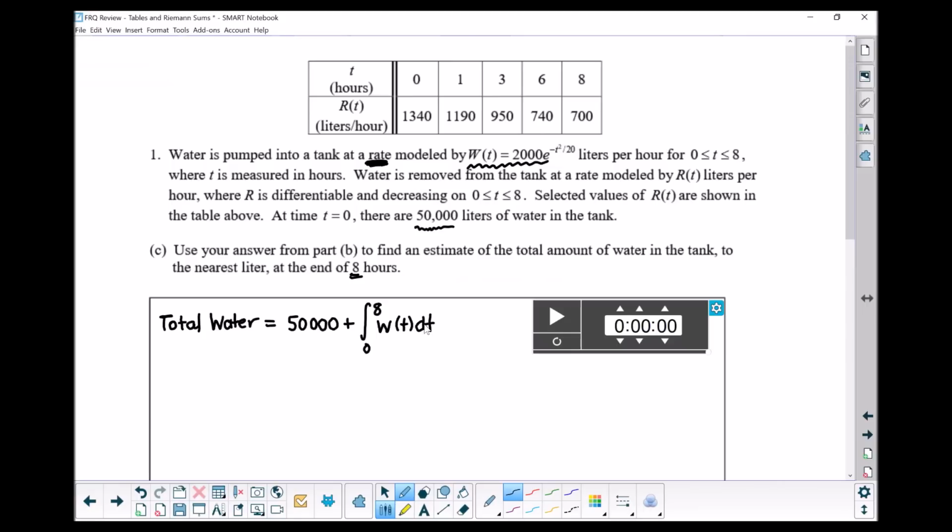All right, so I want you all to realize that what I just wrote here represents the total amount of water pumped into the tank. I've got a lot of water now. I've got that 50,000. I've got this new accumulation up to, again, time 8. But it says we have to use our answer from part B to find the total amount of water in the tank.